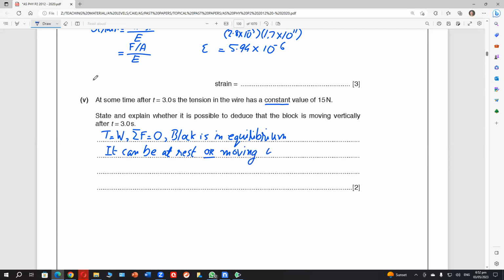It can be moving also at constant velocity. This is a very important concept to remember, that equilibrium doesn't mean the state of rest. Equilibrium just means zero acceleration, but it does not mean that the object must be at rest.